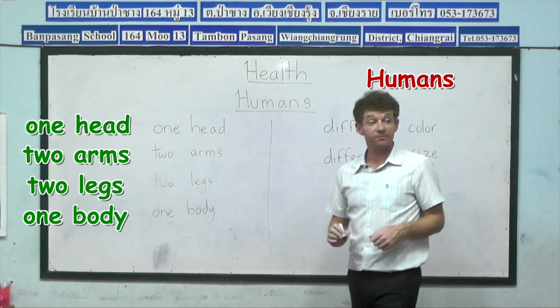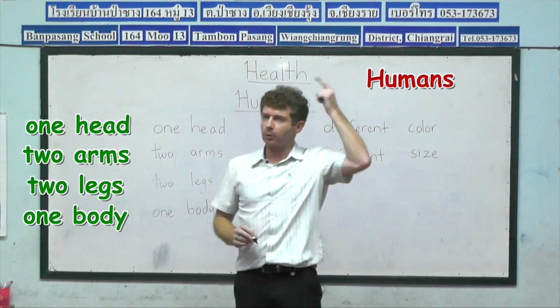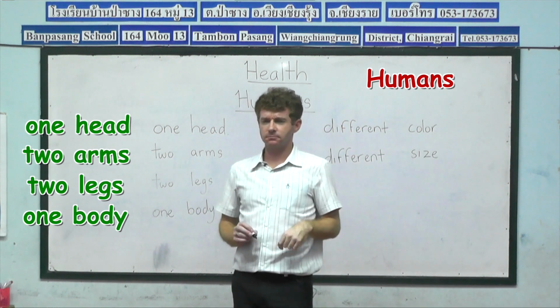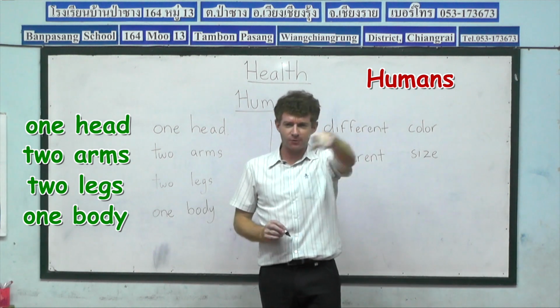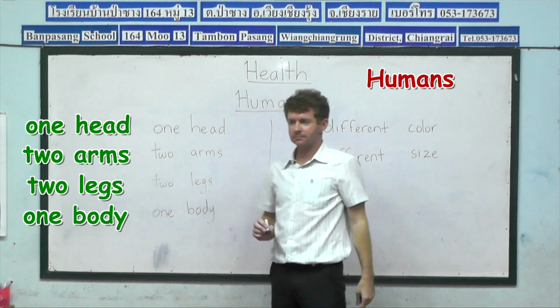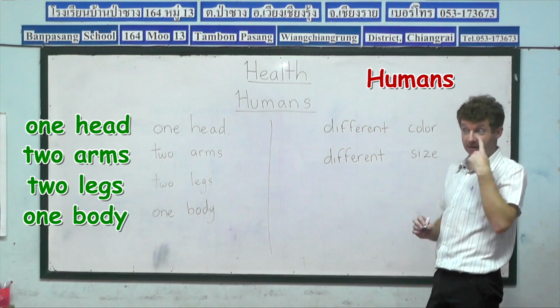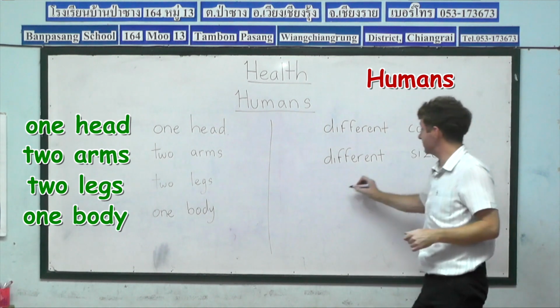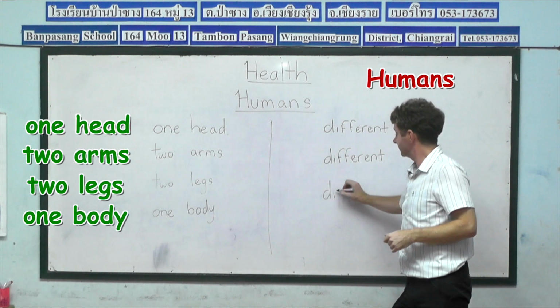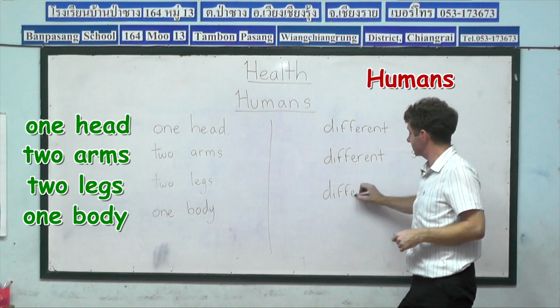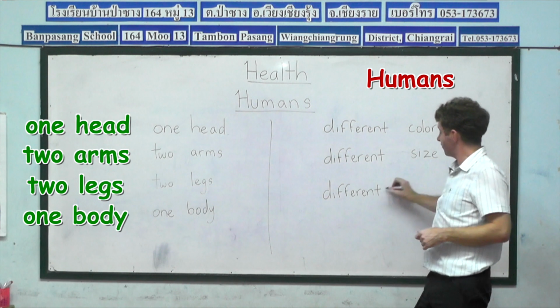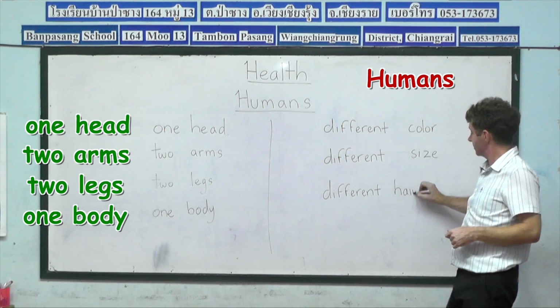Different face. Yes, we all look different. Do we all have the same hair? Do I have the same hair as you guys? No. Different hair. How about eyes? Same eyes? No. You see, we can be different too. Different hair and different eyes.